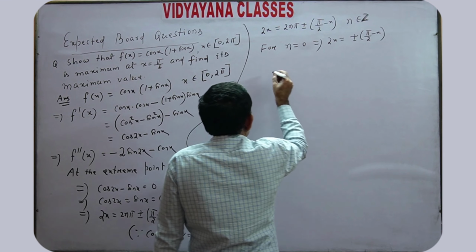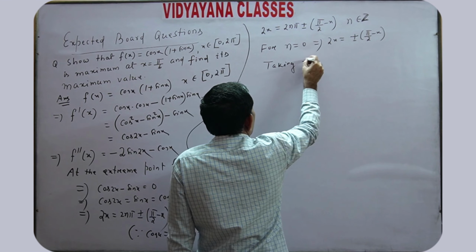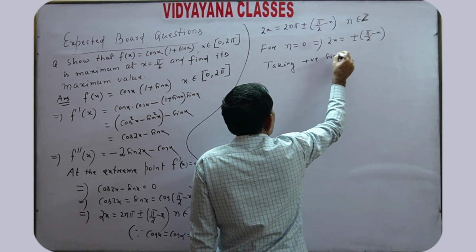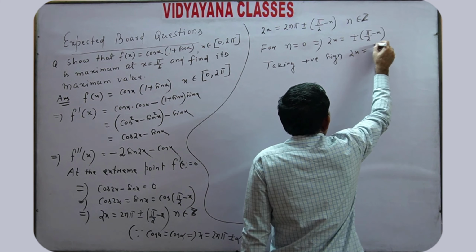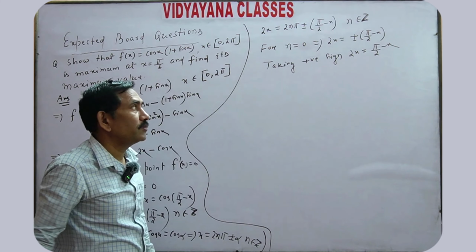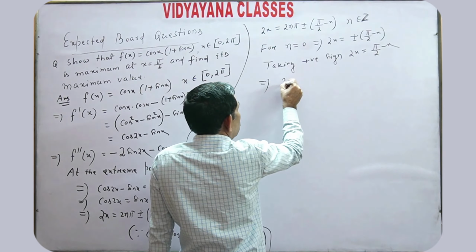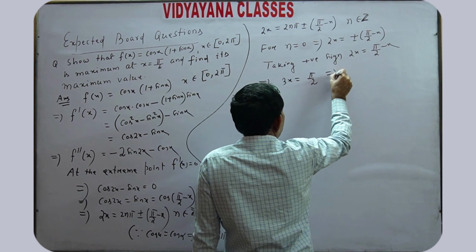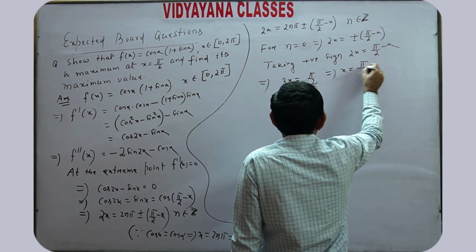Taking the positive side, 2x is equal to pi by 2 minus x. Clear? Which implies 3x is equal to pi by 2, which implies x equal to pi by 6.